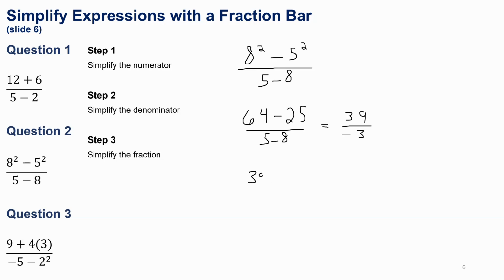So 39 divided by negative 3, you now have a positive by a negative, so you know you're going to get a negative result. 39 divided by 3 then, 3 divides evenly into 39, so again, really, you could just divide it, or you could show it in a more equivalent fraction format, where we now get 13 over 1, and 13 over 1 just becomes 13. And again, positive by a negative, so you get a negative result here.